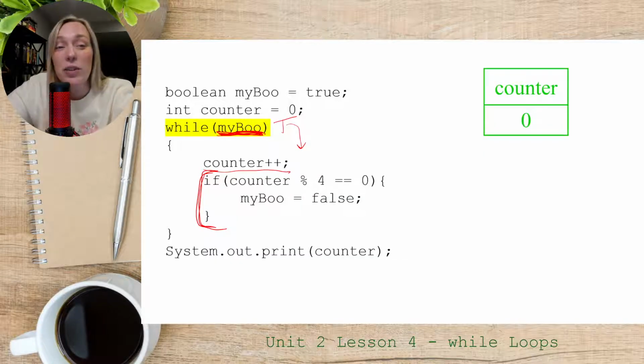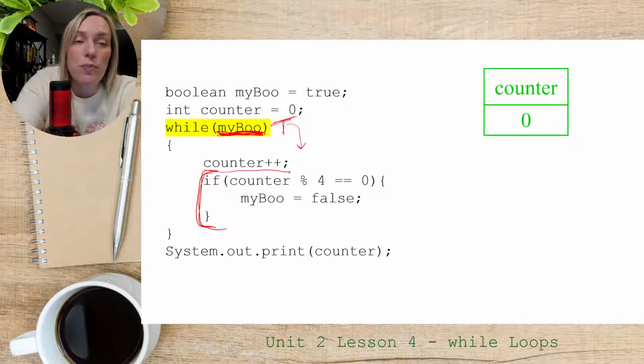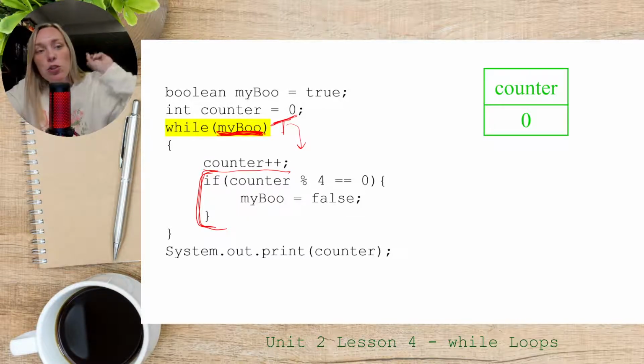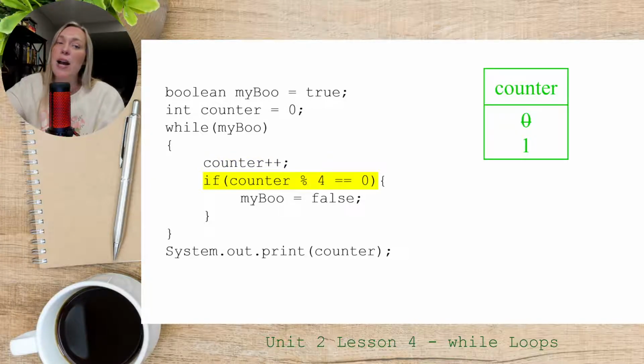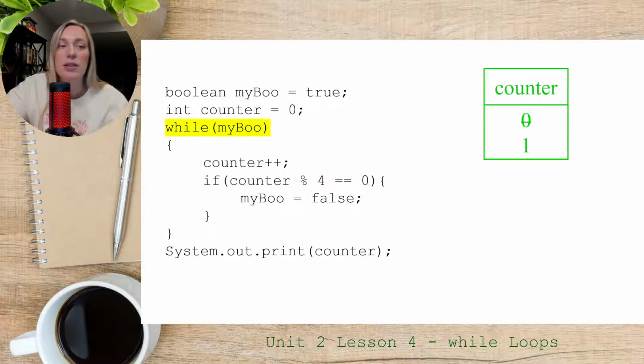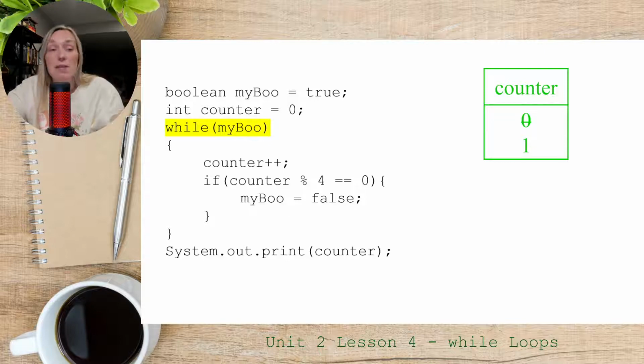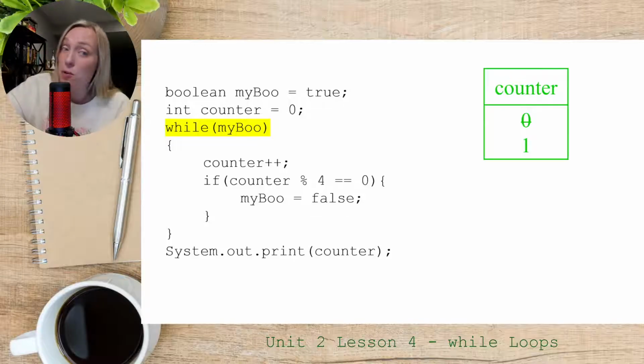That's the only time myboo gets changed. Otherwise, myboo is always going to be true. So let's trace through this. Myboo is currently true. I'm going to enter in, counter increases by 1. I check 1 mod 4 is 1, not equal to 0. So the if statement is false and I skip the if statement, which means I've reached the end of my loop, and I go back up and I check my while loop again. While myboo is still true.